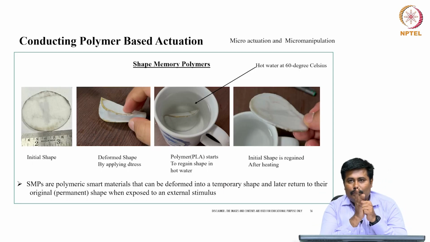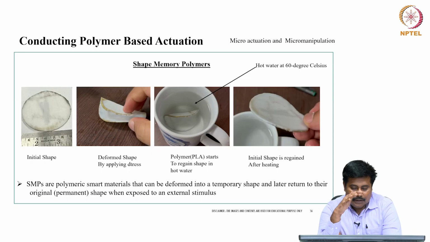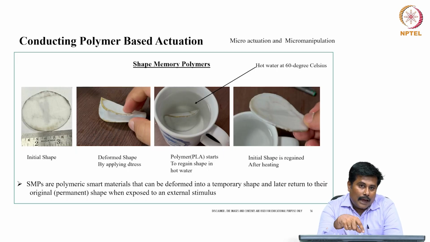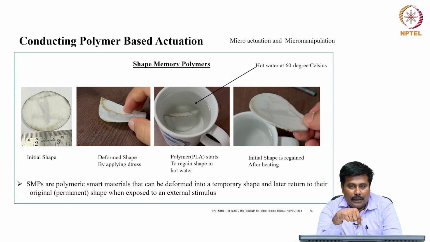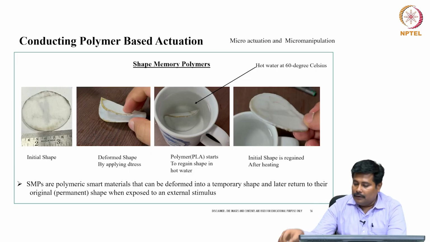The hot water is in the range of 60 degrees, which is quite enough. In fact, from a micro actuation point of view, small micro cantilevers can be fabricated using this technology, and it can be embedded appropriately in such a way that by using hot water spraying we can go for a selective actuation.